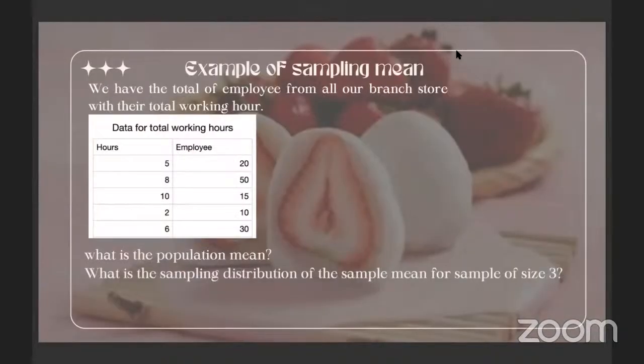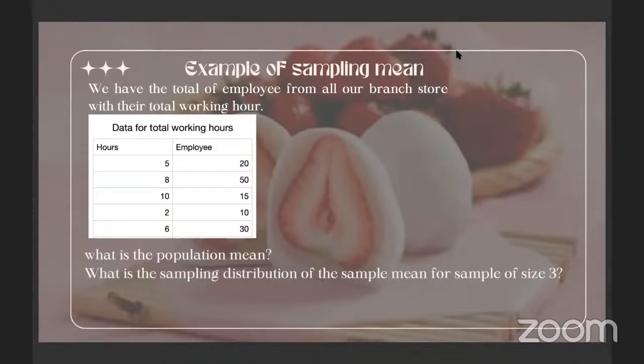For an example of the sampling mean, we have the total employees from all our branch stores with their total working hours. We have 4 hours with 20 employees, 8 hours with 50 employees, 10 hours with 15 employees, 2 hours with 10 employees, and the last is 6 hours with 30 employees.